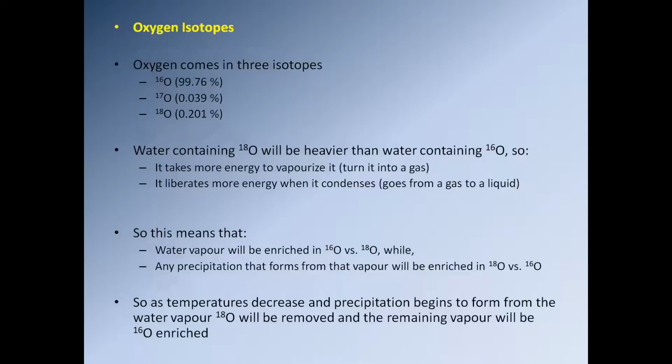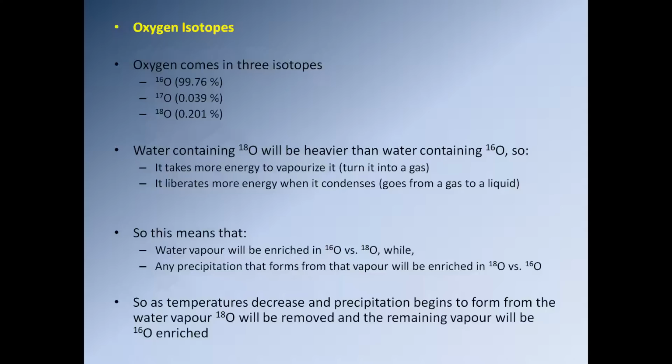So water that contains oxygen 16 will evaporate far more readily than water molecules that contain oxygen 18. That means when you start evaporating water, you're going to get lots and lots of water molecules containing oxygen 16 going into the atmosphere, and far fewer water molecules containing oxygen 18.